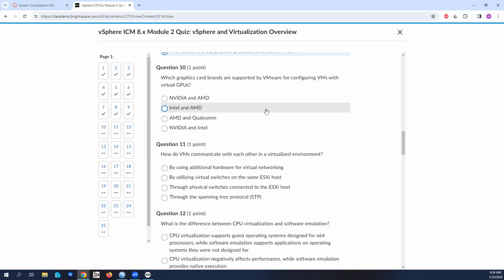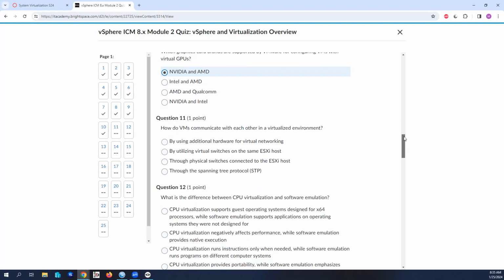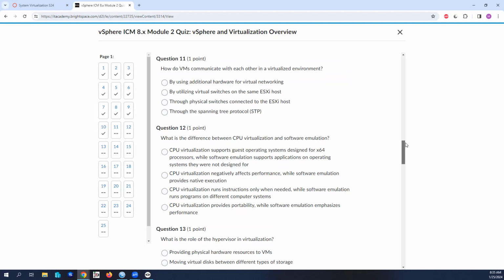What's the answer? NVIDIA and AMD. That's something that most of you would probably know, who makes video cards. If you didn't, you need to be a little bit more nerdy.